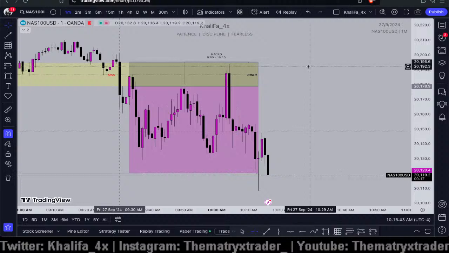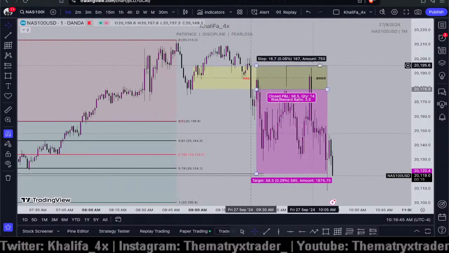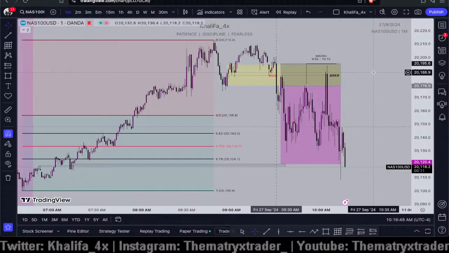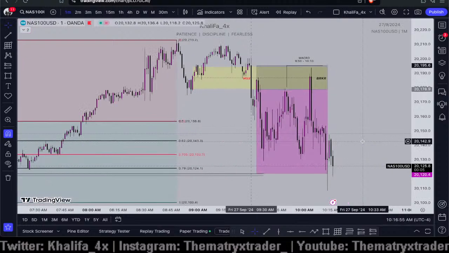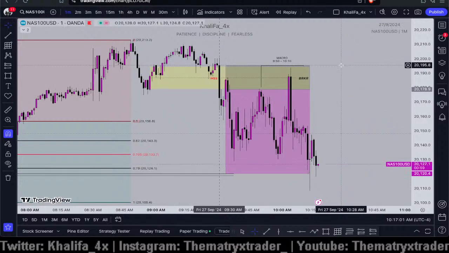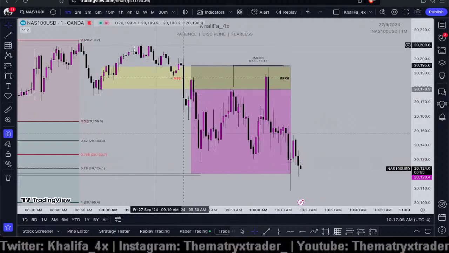Holy fuck. Believe me, I got 40 comments for stop loss. But since we got take profit, nobody's gonna comment. Not a problem, not a problem.